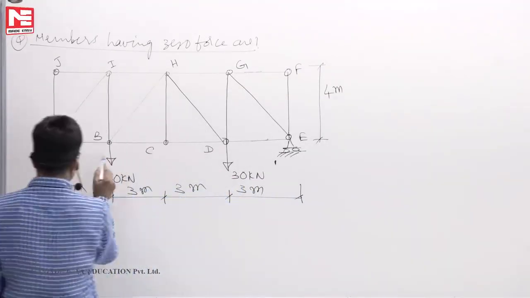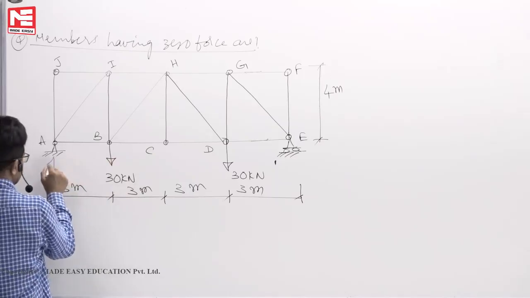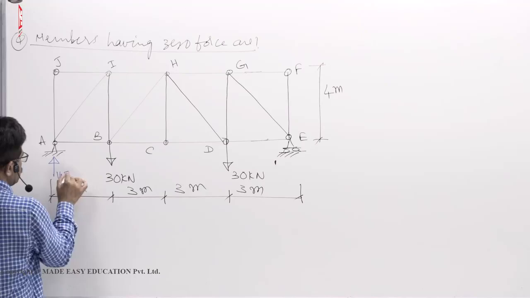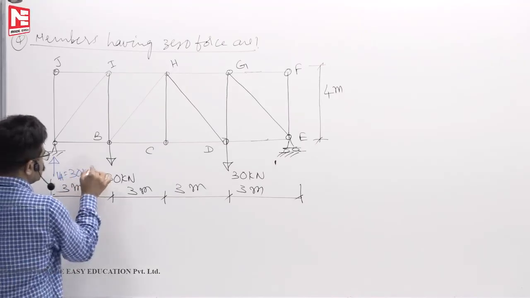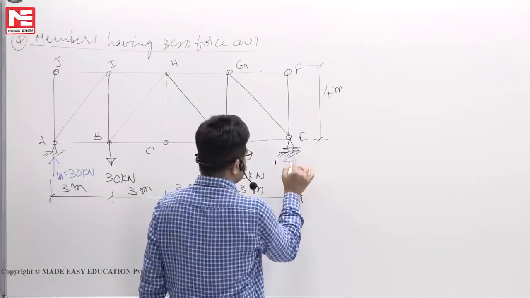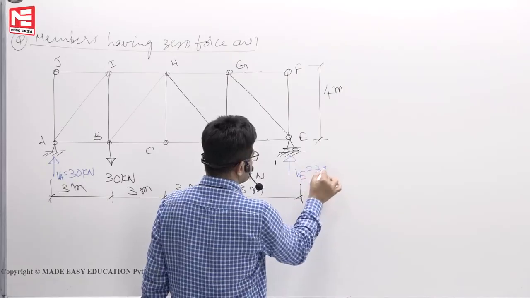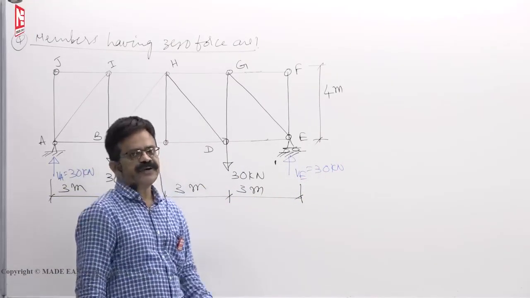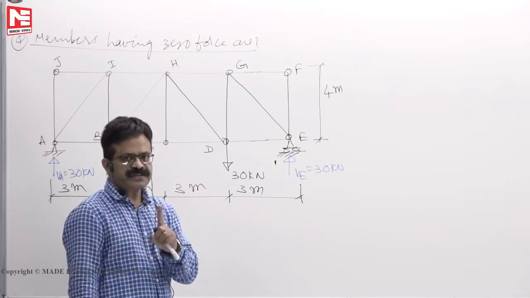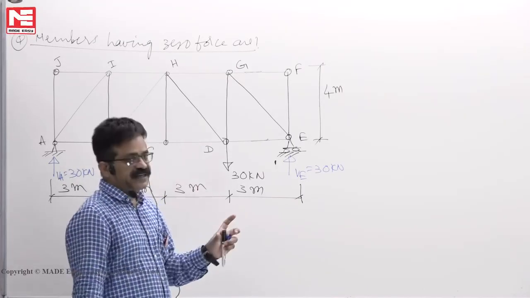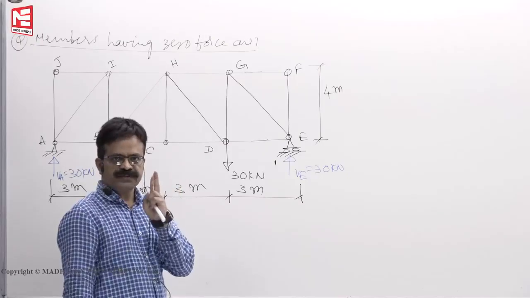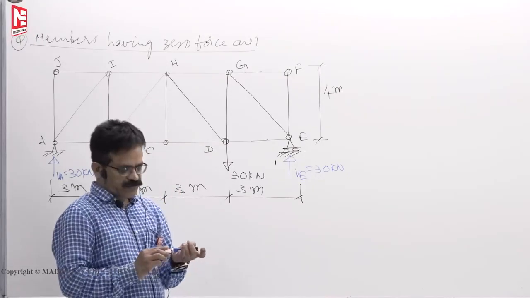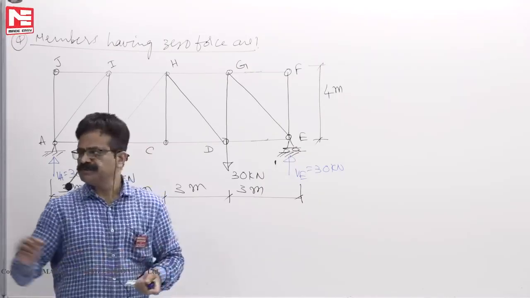Now you see, because the loading is symmetrical, the support reactions are the same. So VA is 30, VE is also 30. Now I told you, to find members having zero force, the first way of checking is this: at a joint, if two non-collinear members are meeting with no external load, forces in both members are zero.